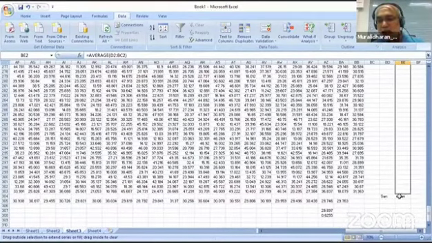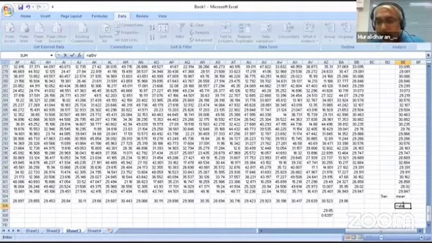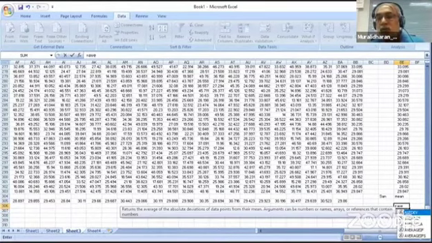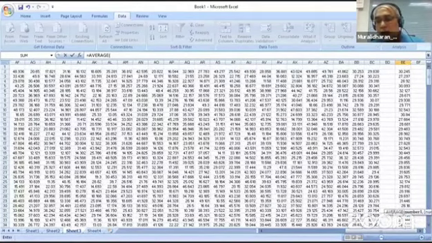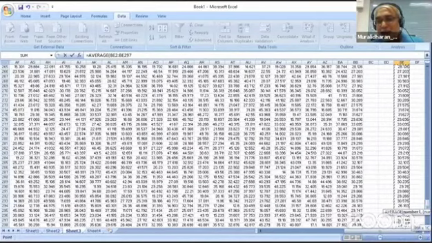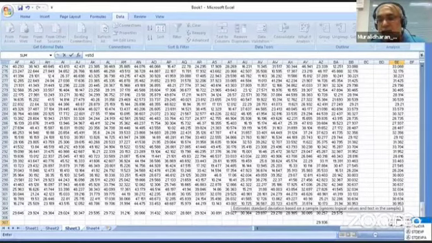And the mean of this sample I will now compute. Average. So perfect, 29.94. Let me also compute the standard deviation of this.